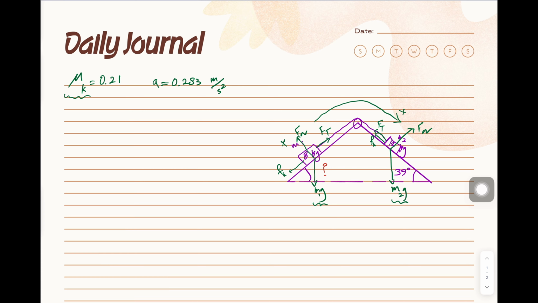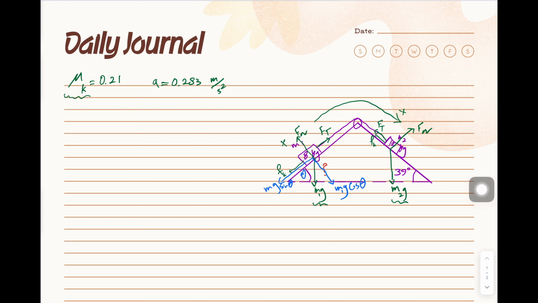If I want to break this down, I have this much, mg cosine theta, I call this theta. And then I also have this much, mg sine theta. And it's the same story for the other mass.